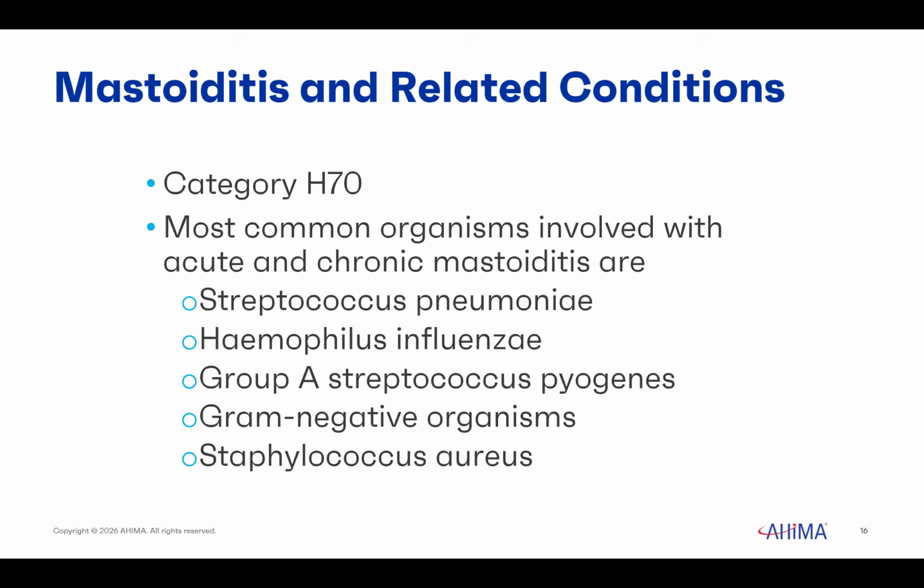Again, mastoiditis and related conditions all fall into code category H70. Some of the common microorganisms include such things as Streptococcus pneumoniae, influenza, group A strep, gram-negative bacteria, and Staphylococcus aureus.